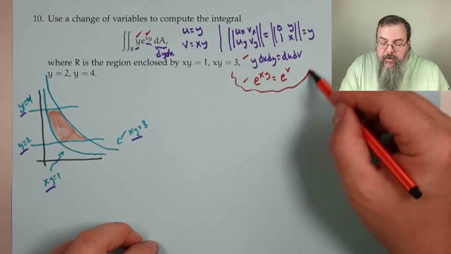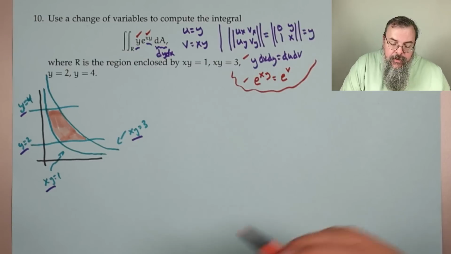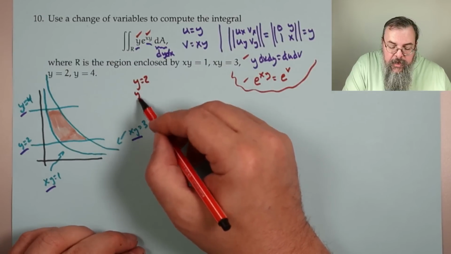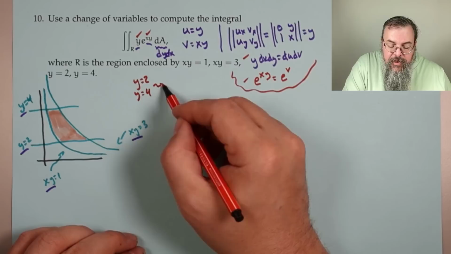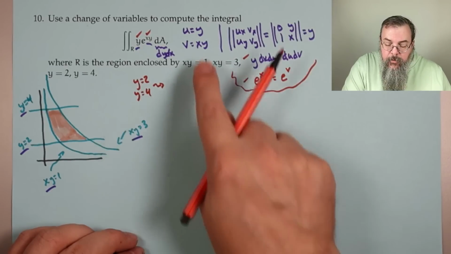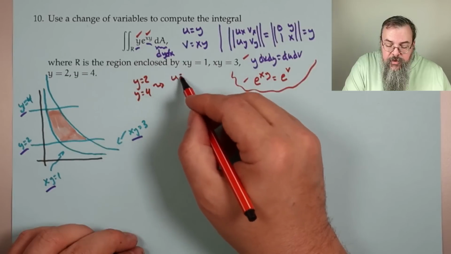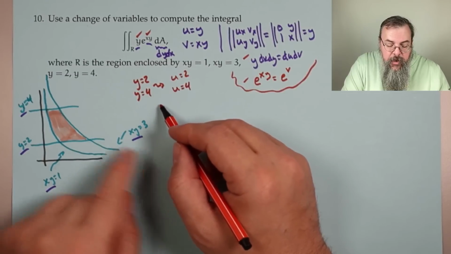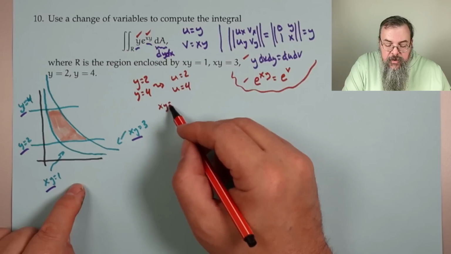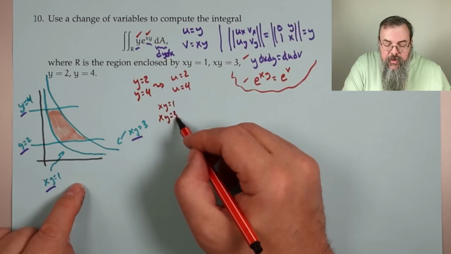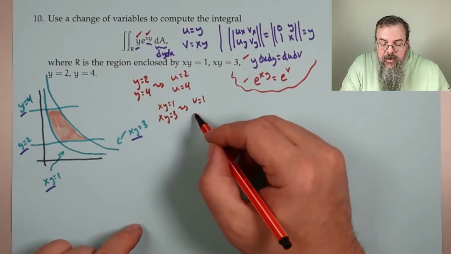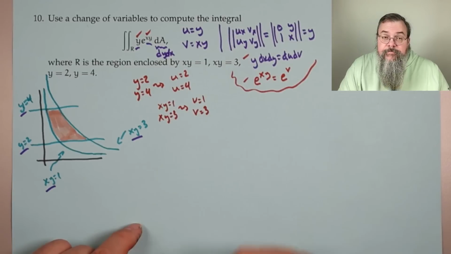And now the bounds. Well, we write our bounding curves. y equals 2, y equals 4 are going to become u equals 2, u equals 4. On the other hand, xy equals 1, xy equals 3 is going to become v equals 1 and v equals 3.